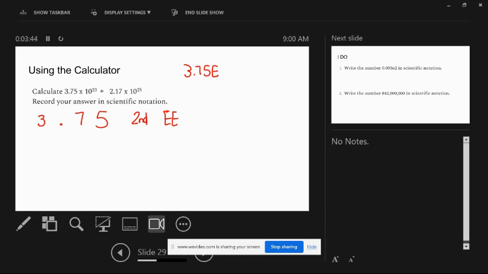Now you're going to type in the 23. Then you're going to hit the divide key, and you're going to repeat that process for the second number. So 2.17. Hit your second key, activate that EE, and type in 25. And then hit equals.